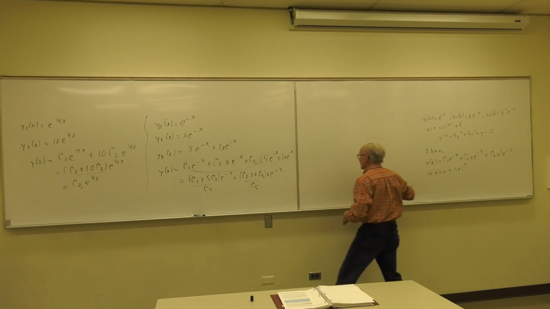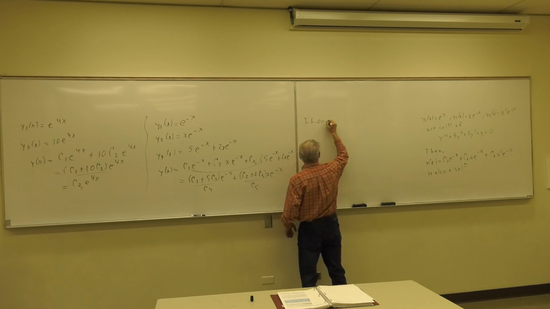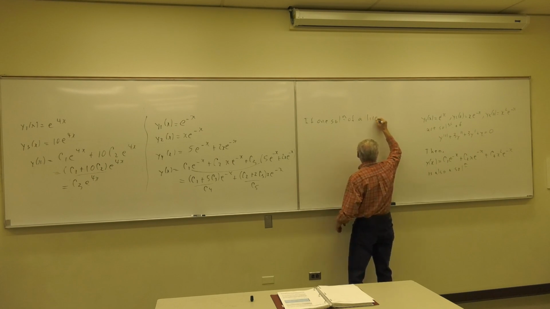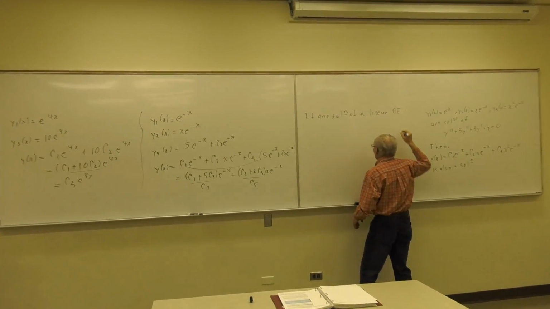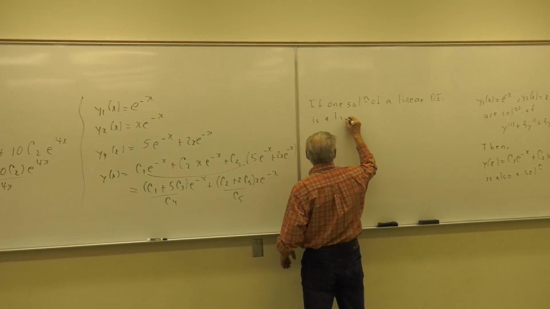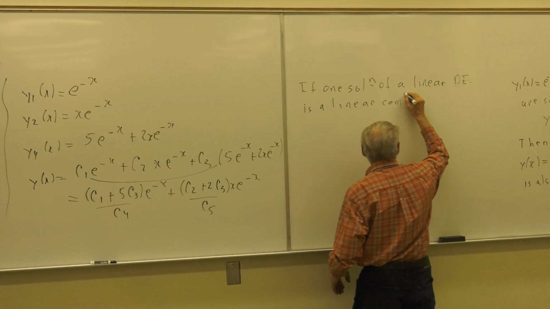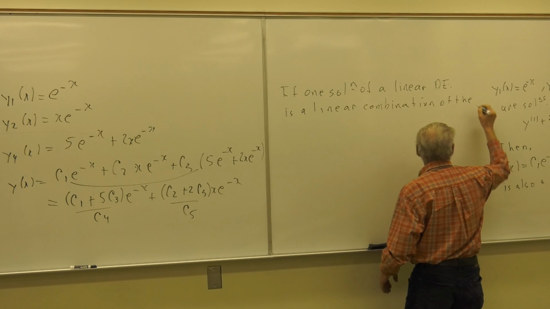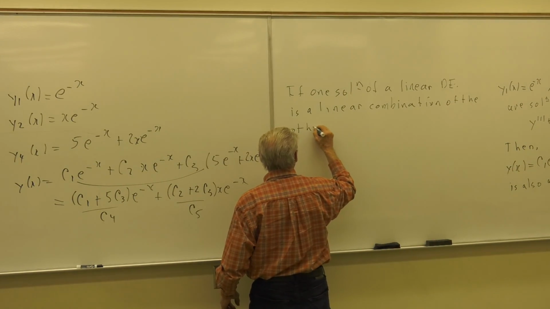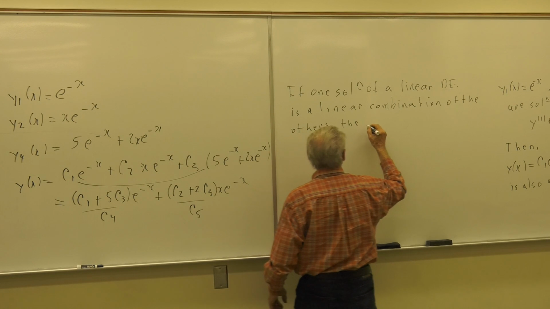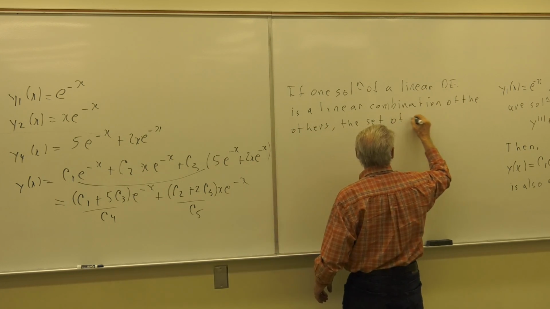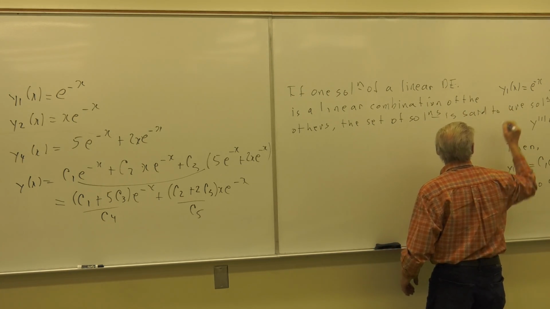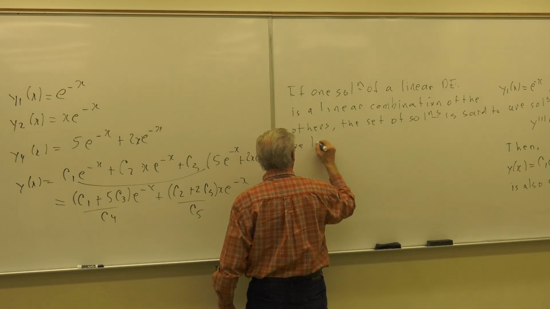If one solution of, we're talking about a linear differential equation, so maybe I emphasize that, is a linear combination of the others, the set of solutions is said to be linearly dependent.